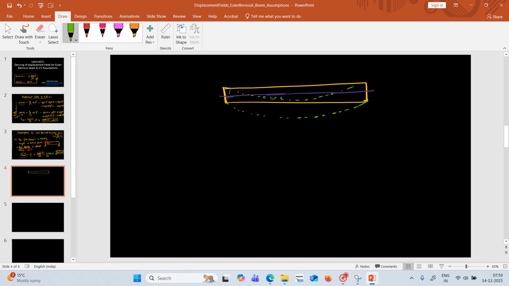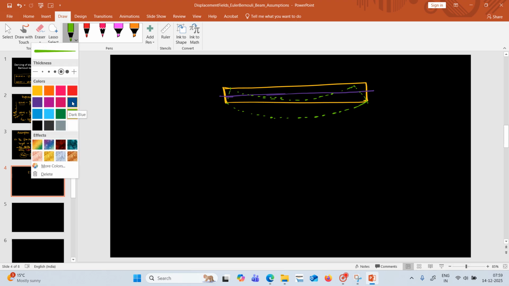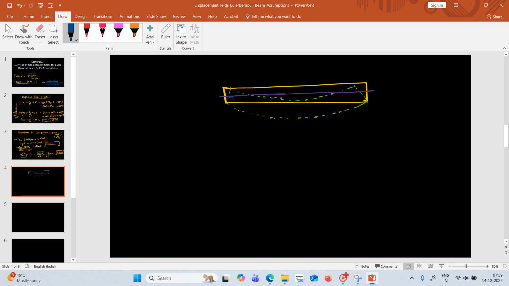So the neutral fiber would also be there somewhere. Let's make this neutral fiber, the neutral axis of that.